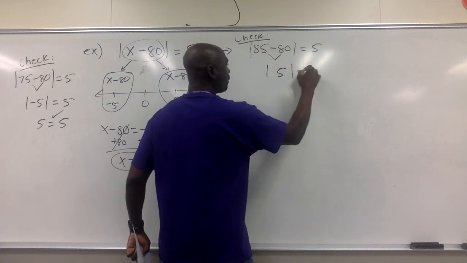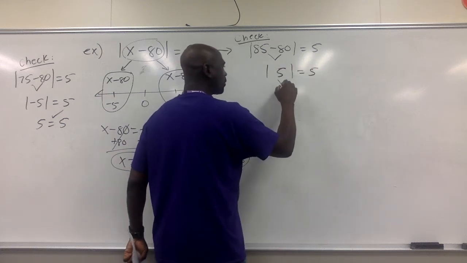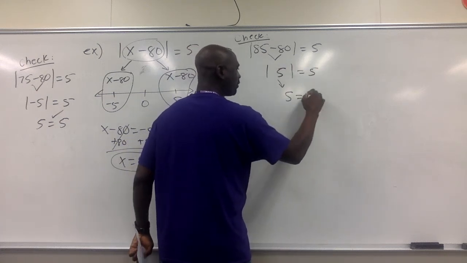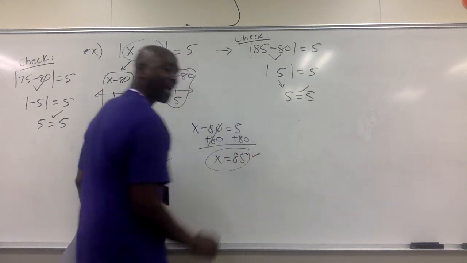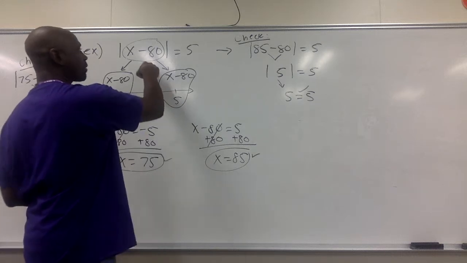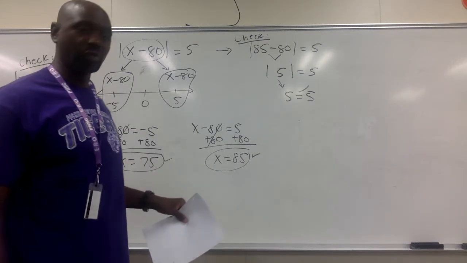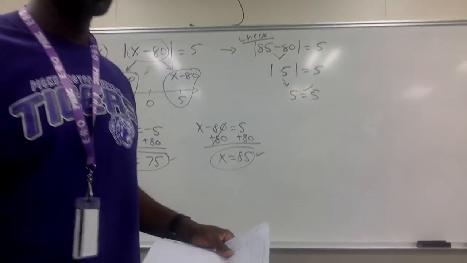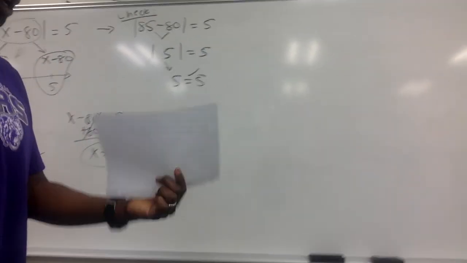That gives me 5, should be equal to 5. Well, the absolute value of 5 is just 5, and that equals 5. So I see that that is true as well. So I actually have two solutions for this absolute value equation. You generally will. There are some cases when you won't. And there are some cases where it just doesn't really make sense.